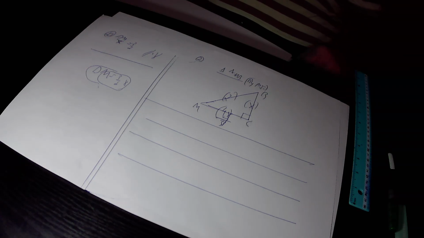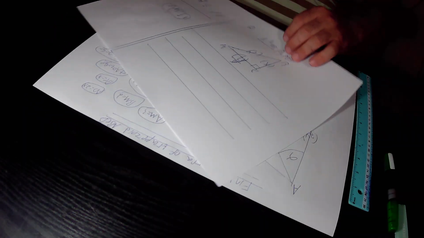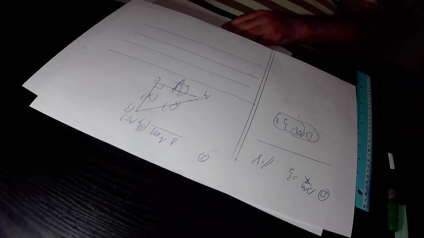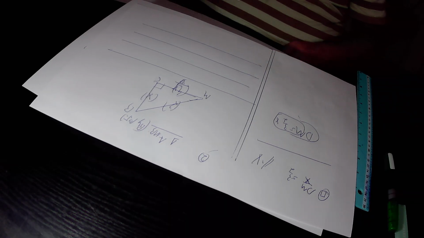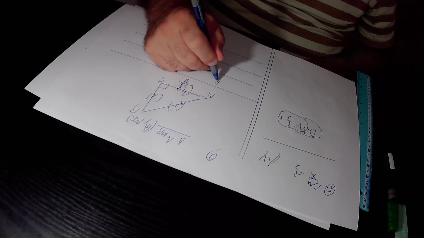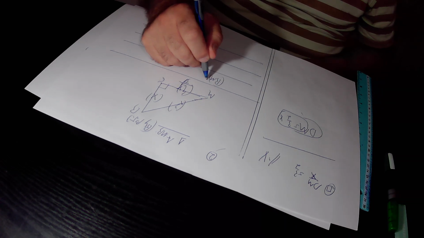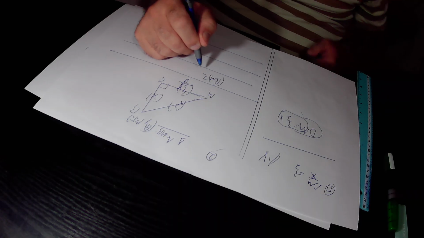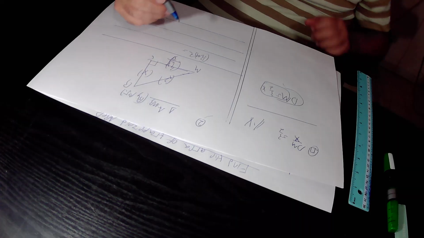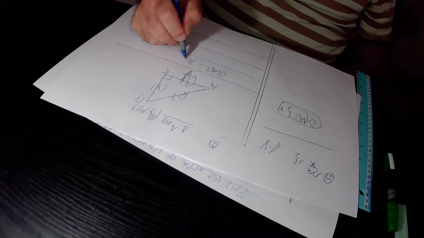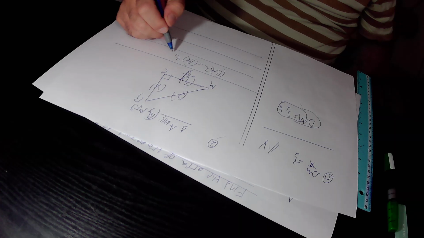So I already know BM squared, that is the square of the hypotenuse, equals BC squared plus MC squared.